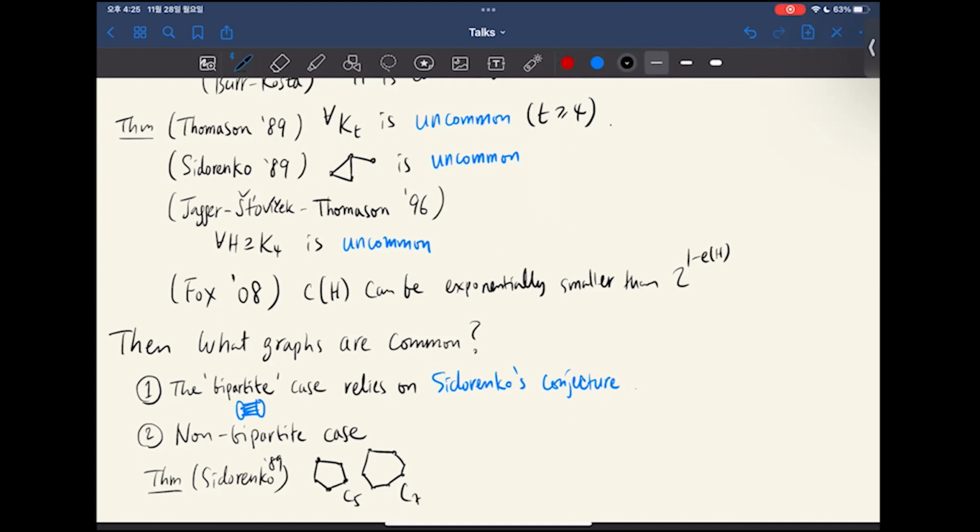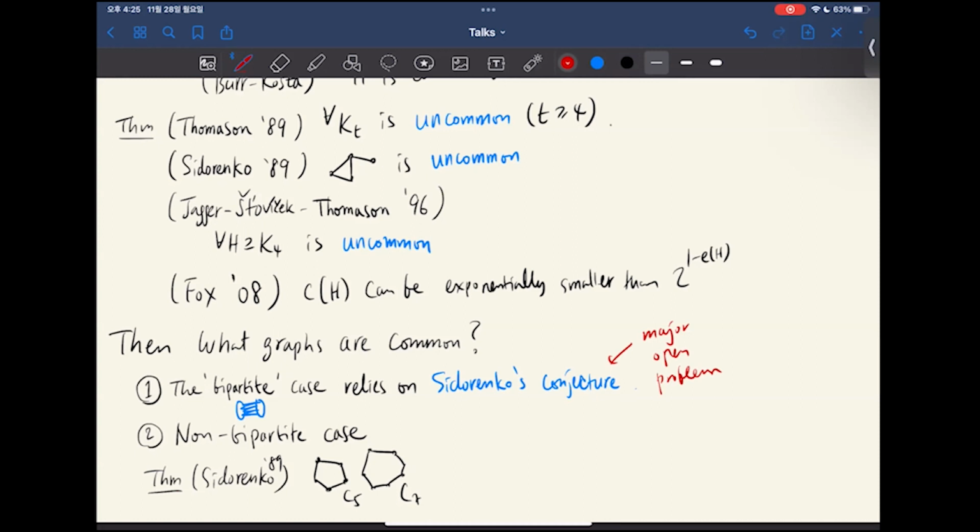So it entirely relies on the progress on Sidorenko's conjecture, but this is a major open problem. We don't know if the two problems, determining the bipartite common graphs and Sidorenko's conjecture, are different. Of course, Sidorenko's conjecture implies that every bipartite graph is common, but we don't know that yet.